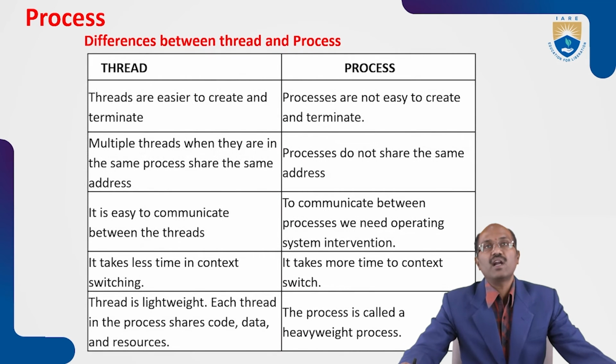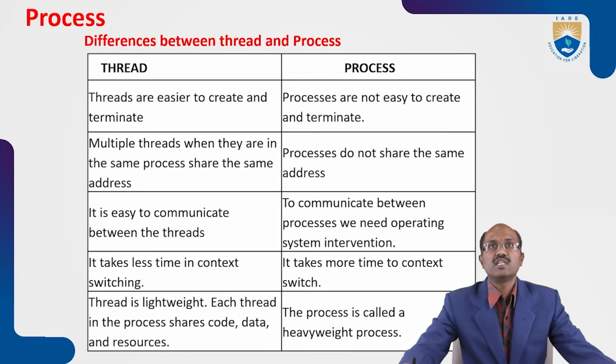Next, what are the various differences between thread and process? That we will see in this slide. Threads are easier to create and terminate, but processes are not easy to create and terminate. Multiple threads in the same process share the same address space, but processes do not share the same address space.